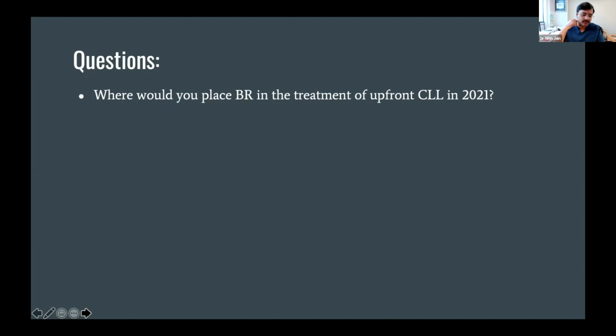That's the data from MD Anderson. But this long-term PFS is only seen with FCR. It has not been shown with BR. So we don't use BR at all for our CLL patients.